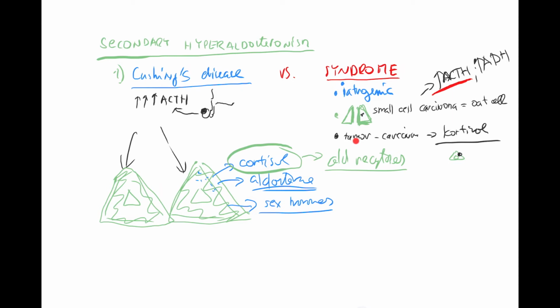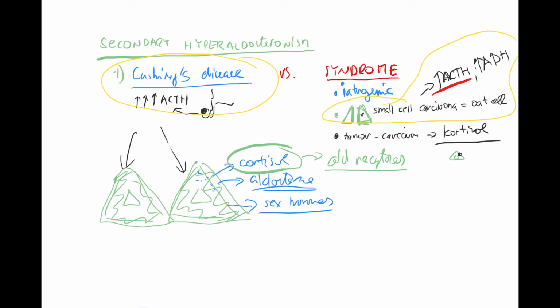Over here I detoured and I talked about Cushing's disease versus syndrome. And beautifully over here, under secondary hyperaldosteronism, you can put Cushing's disease. I will mark it. Definitely this, and definitely, for example, where the ACTH is increased.